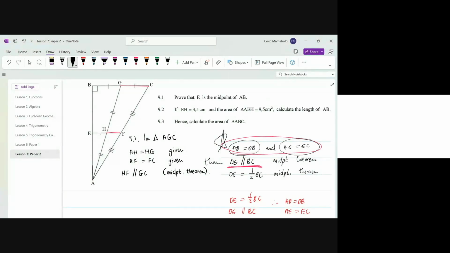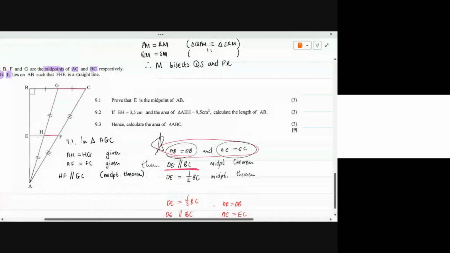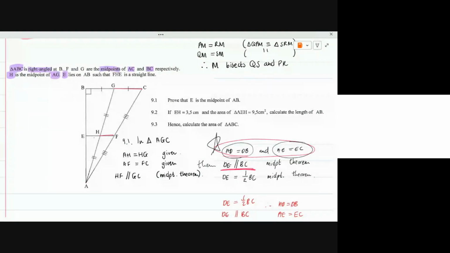Okay, if we know that those two are equal and we know that HF is parallel to GC, let's just go back quickly to the other information that they've given us. They've told us that E lies on AB such that FHE is a straight line, right? Good. EF is a straight line, which then means that this whole thing must therefore be parallel to that whole thing. Are we okay with that idea?